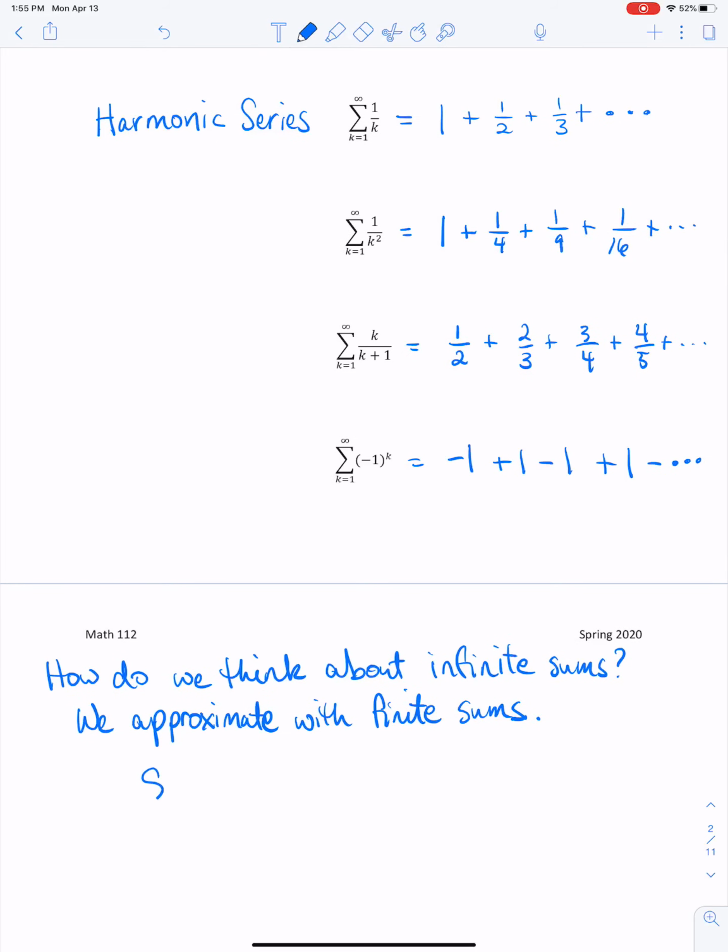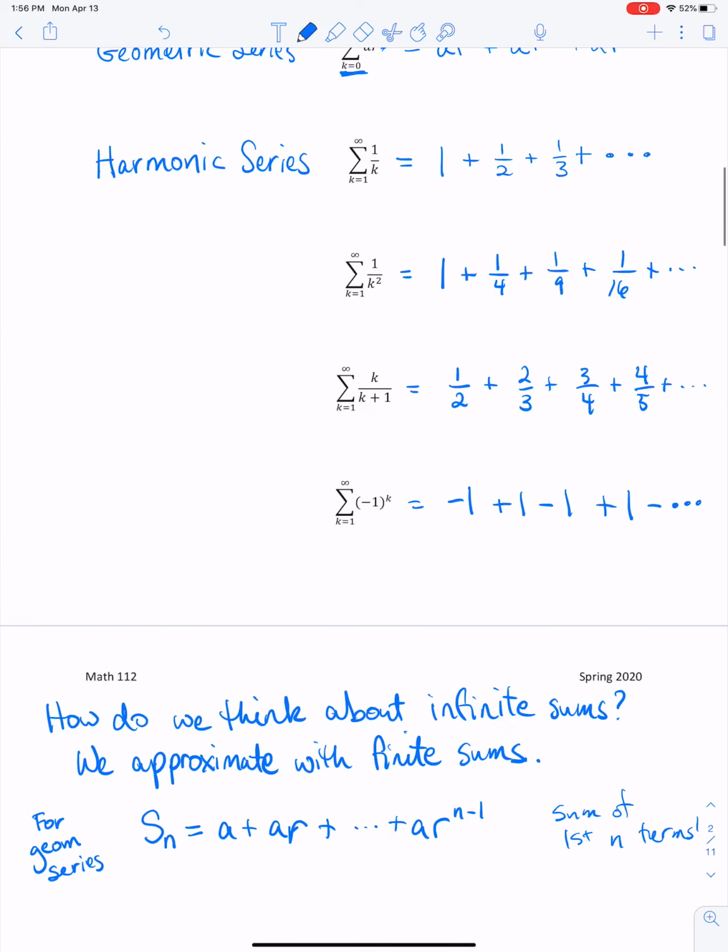We said that Sn, for the geometric series, is equal to a plus ar plus dot dot dot plus a r to the n minus 1, and this is the sum of the first n terms.